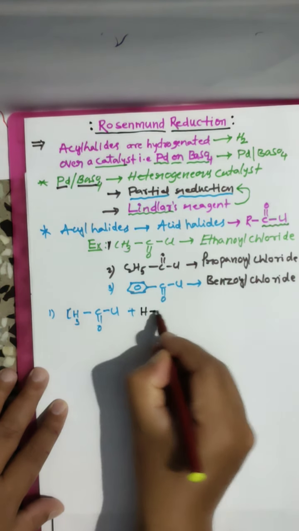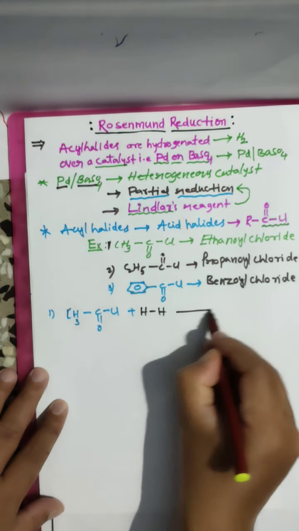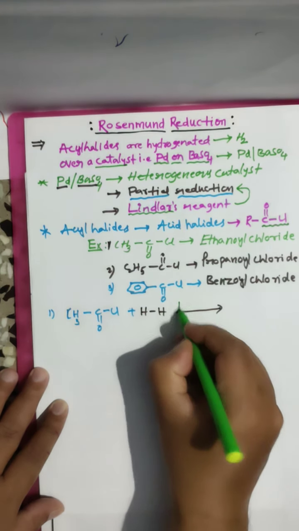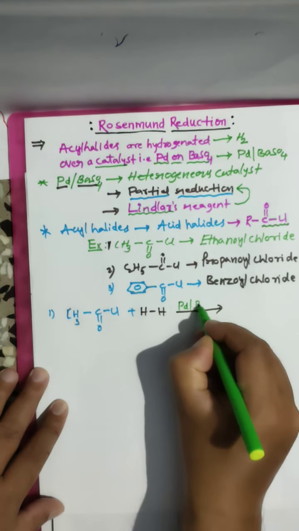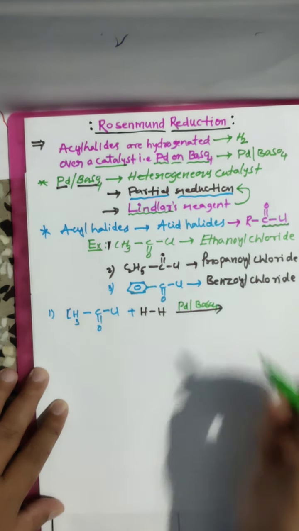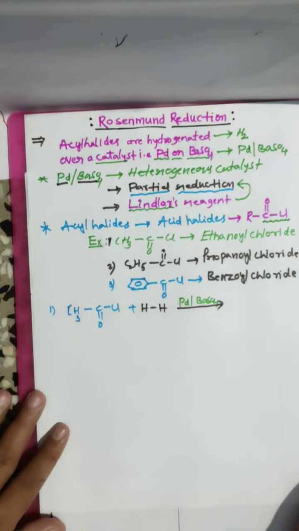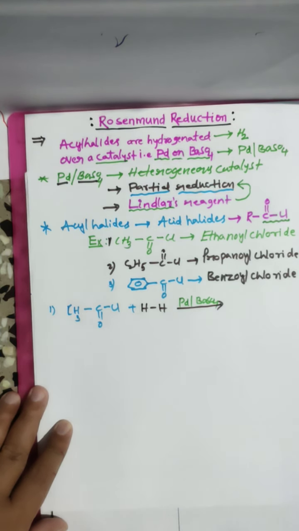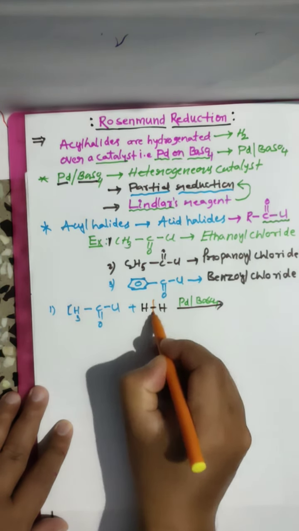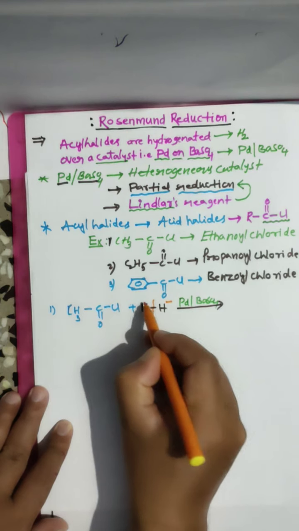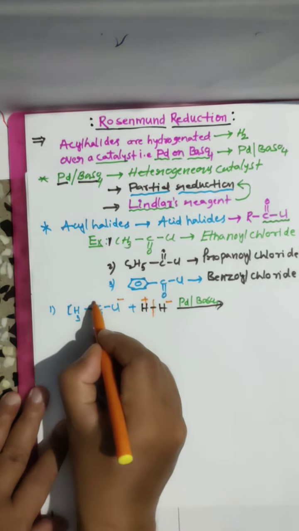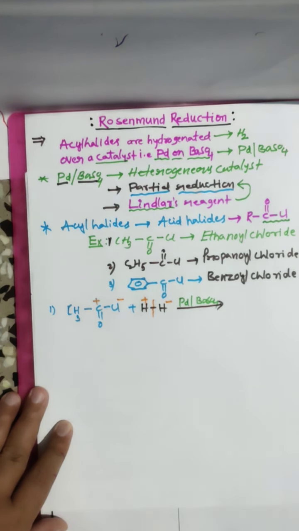Hydrogenation means addition of hydrogen, giving rise to, with palladium on BaSO4, Lindlar's reagent. What happened? This bond is going to break. One is minus, one is plus. And here chlorine is minus, this carbon is plus. Simple.